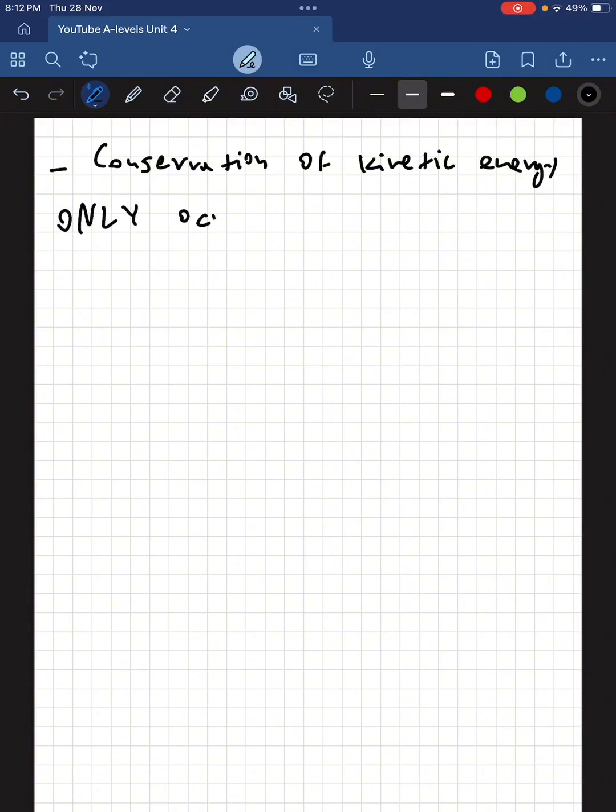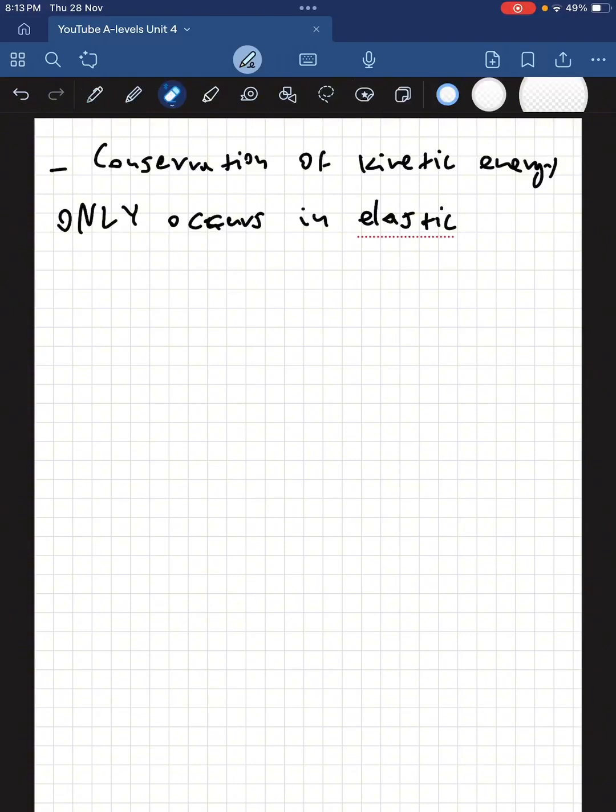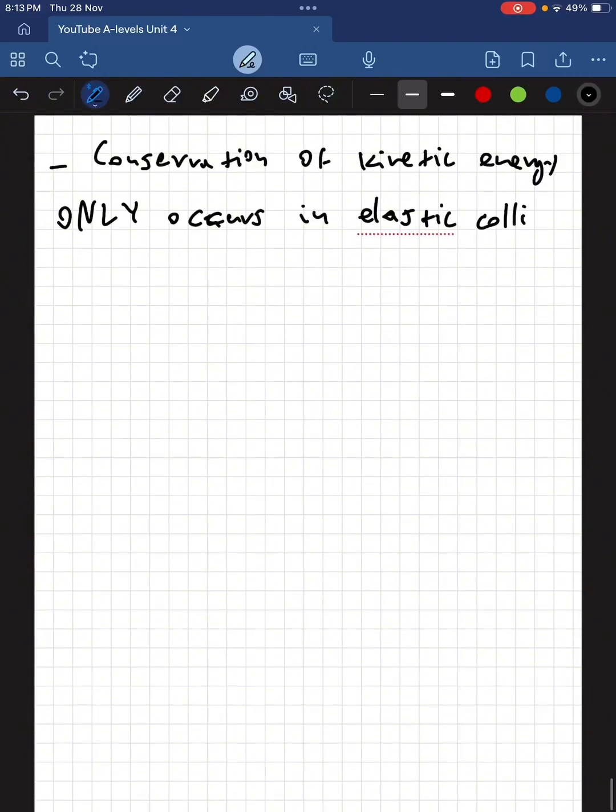Now let's see what happens with the kinetic energy. Conservation of kinetic energy only occurs, and I capitalize that, only occurs in elastic collisions.